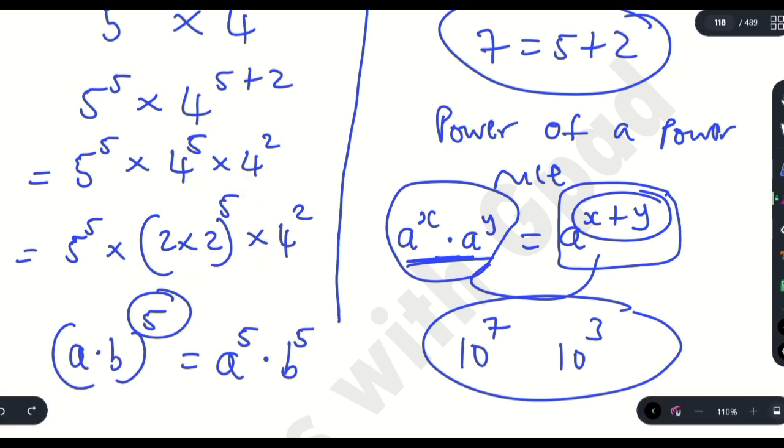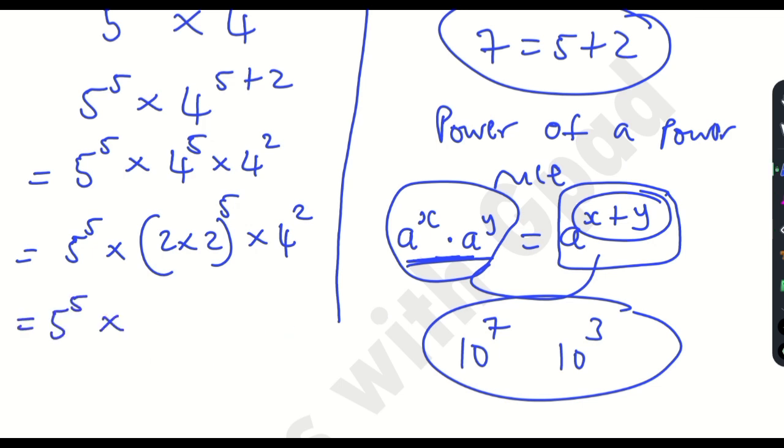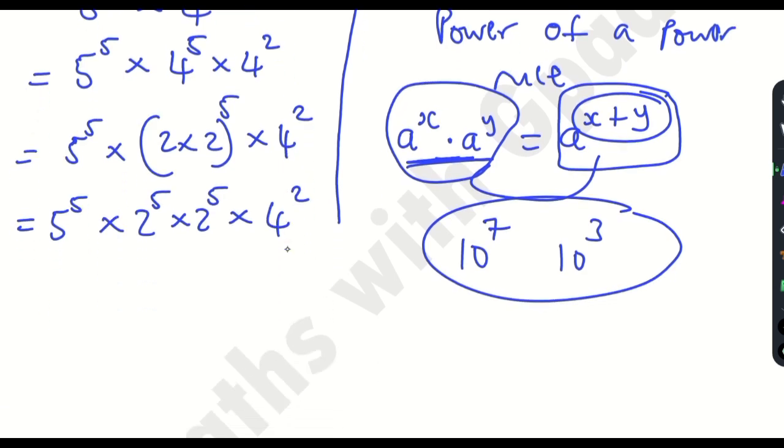So now I'm going to have 5 raised to the power of 5 times 2 raised to the power of 5. Notice the power of a product rule. Then times 2 raised to the power of 5. Then times this 4. Before that, let me just write 4 raised to the power of 2. See, what do we have here?